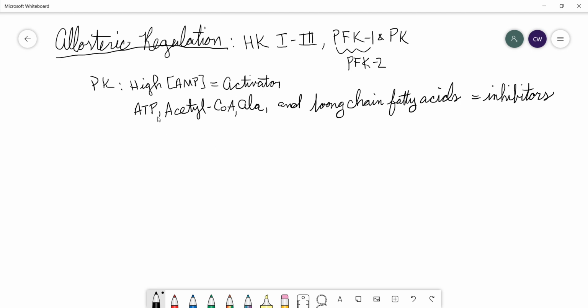And this makes sense, right? Because if there's a lot of AMP sitting around, that means the cell needs energy. And so PK, pyruvate kinase, is going to start kicking into gear.